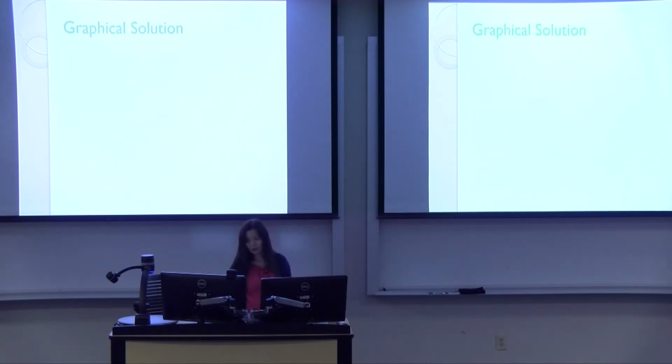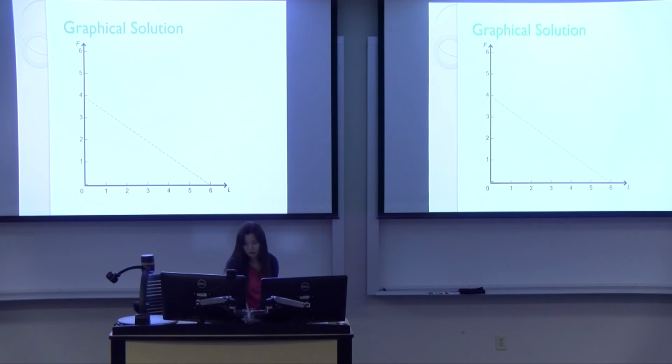So if we use the graphical method to solve this problem, we can draw the constraint lines, right? And this is for 2L plus 3F less than or equal to 12. Is the feasible region lower than this line or above this line?